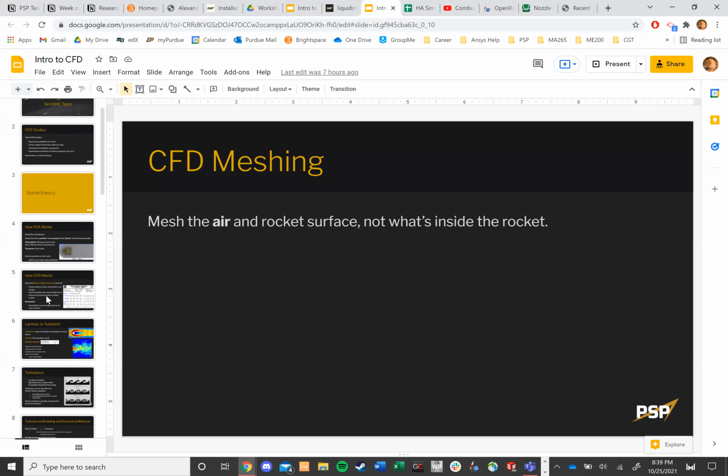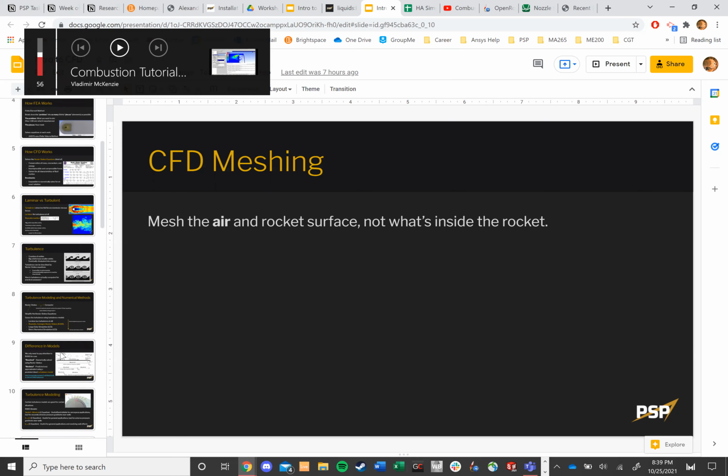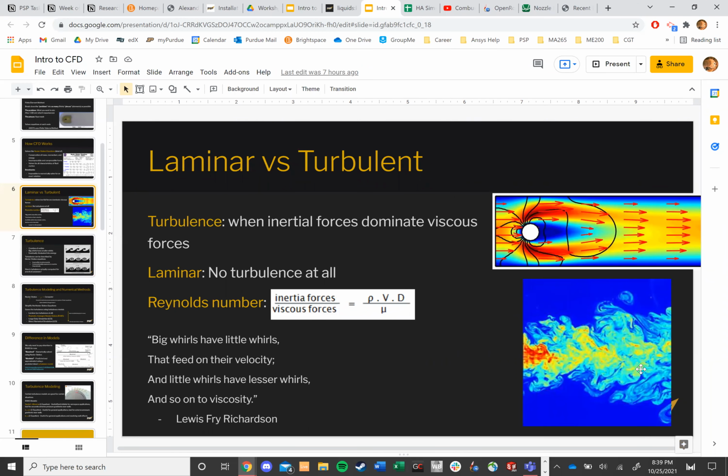Yeah, could you review the Reynolds number part where you talk about this one? So what did you say regarding this for turbulent flow?